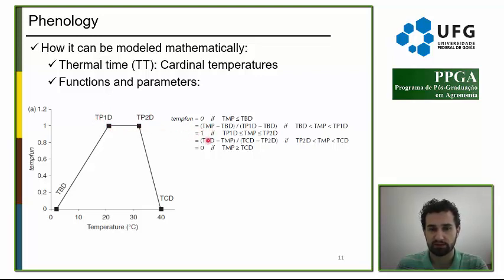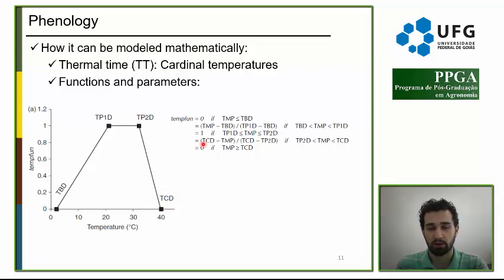Here is the description for this decrease here, and if the temperature value is over the upper base temperature, the value will be 0. So if the environment temperature is high or similar to TDC, the development of the crop is 0.